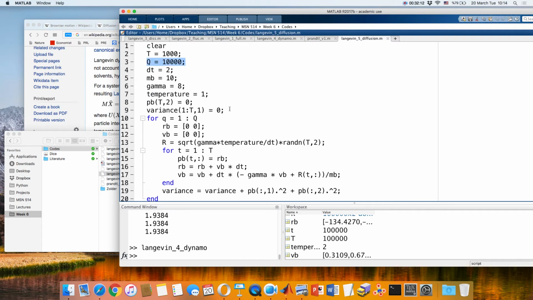So let me at least do it over here. So this one will calculate the variance of distance from the center. Okay, what do we expect it to be?